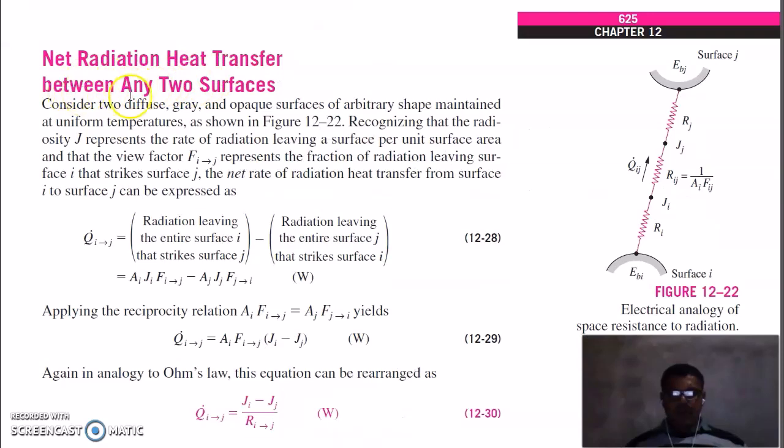Net radiation heat transfer between two surfaces. Consider two diffuse, gray and opaque surfaces of arbitrary shape maintained at uniform temperature. Recognize that the radiosity J represents the rate of radiation leaving the surface per unit area and that the view factor F_ij represents the fractional radiation leaving surface i that strikes surface j. The net rate of radiation heat transfer from surface i to j is the radiation leaving the entire surface i and striking j minus the radiation leaving the entire surface j that strikes surface i.